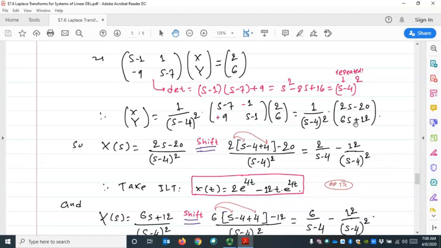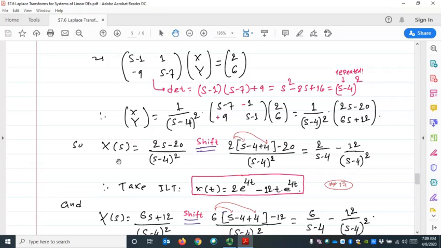But this second term here, this is 9 times 2 plus 6 times s minus 1, and simplify gives you 6s plus 12. And now we got capital X equals 2s minus 20 over this denominator, s minus 4 outside square. Capital Y equals 6s plus 12 over the same denominator, s minus 4 outside square.